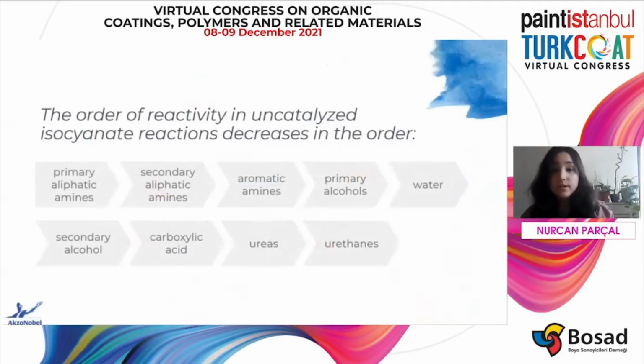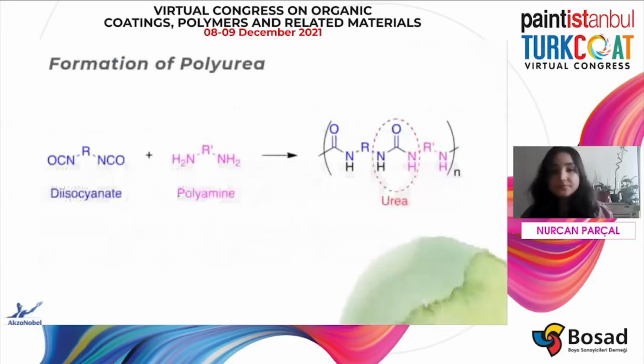In addition, at temperatures higher than 100 Celsius, reactions between isocyanate and urea or urethane occur, leading to the formation of biurets and allophanates. Diisocyanates undergo polyaddition reaction with polyamines to form polyurea.